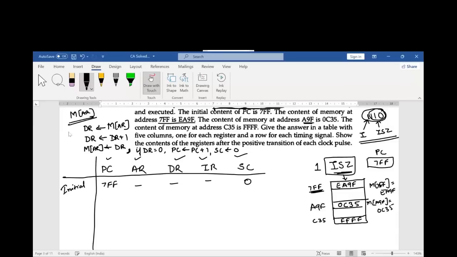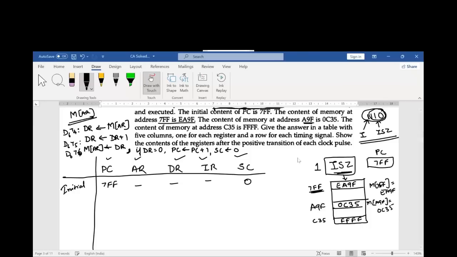We know that this is a memory reference instruction, so it always takes place at timing signal T4. What is the code? D6, the code for ISZ. So D6 T4, D6 T5, D6 T6. These are the steps that take place during clock pulses T4, T5, T6 of the ISZ instruction.